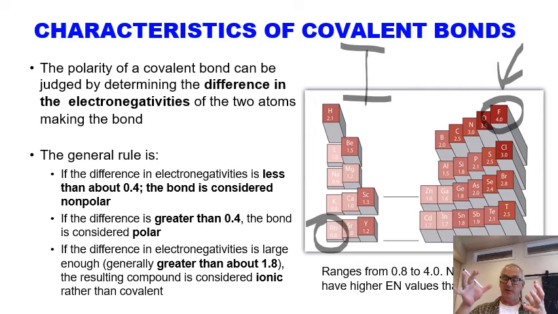So the difference between 53 and 54, not that great. Difference between 9 and 10 is much greater. So iodine can't pull on electrons as well as fluorine can because it has all those other core electrons, those non-bonding electrons in the way that basically shield it from pulling on electrons. So when you get really, really big elements, those electronegativities go down.